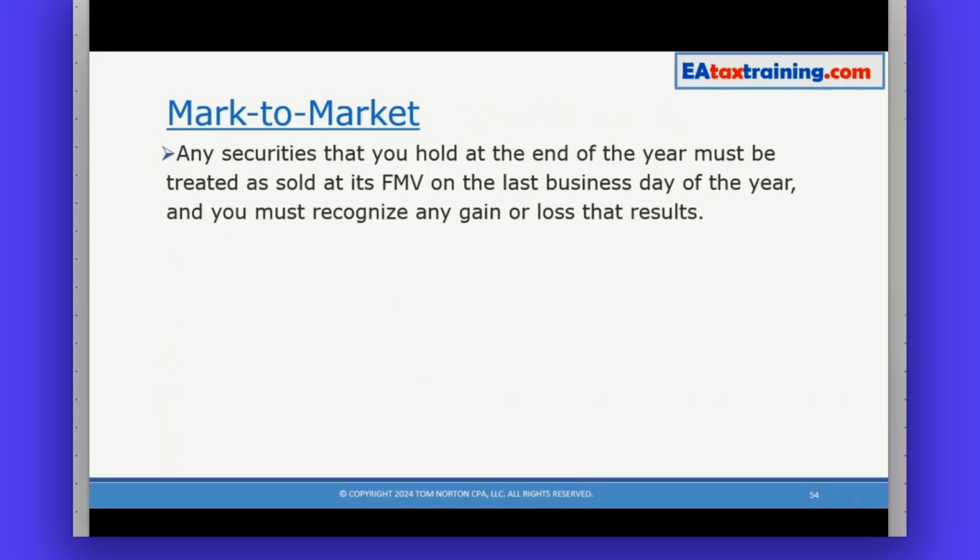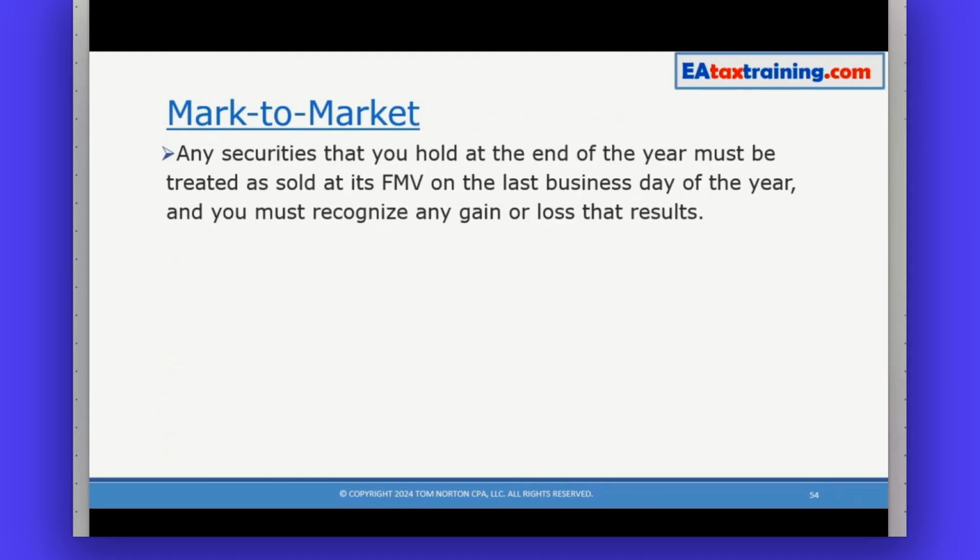What does mark-to-market mean? Mark-to-market means that at the end of the year, any securities that you hold at the end of the year must be treated as if they were sold at their fair market value on the last business day of the year, and then you must recognize any gain or loss that results. So you look at your portfolio of securities that you have.